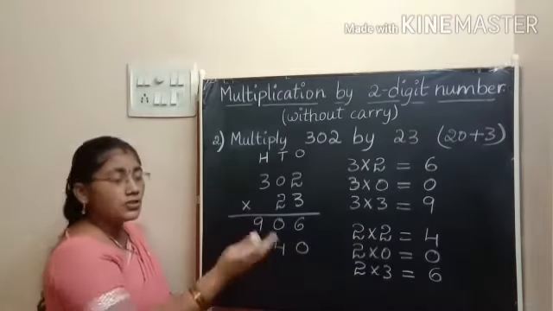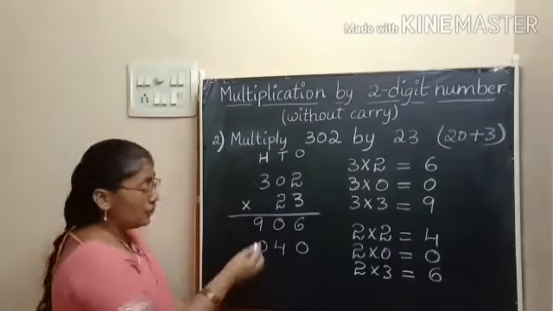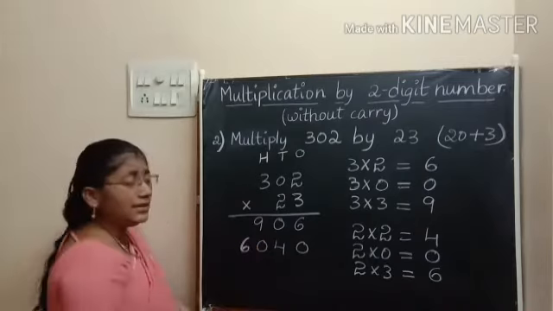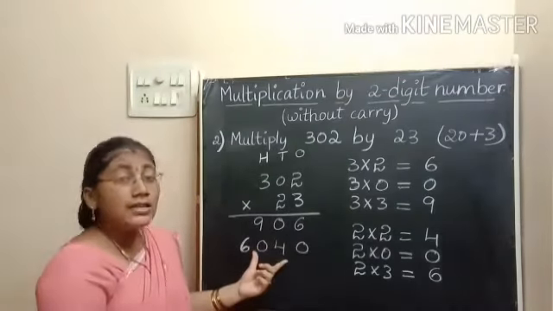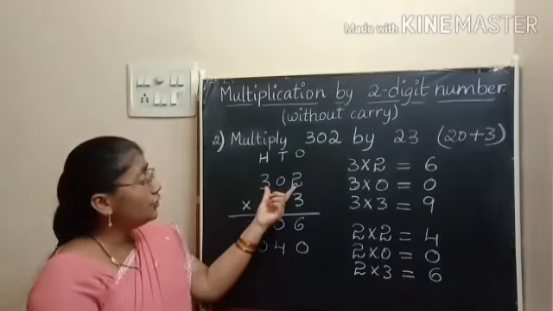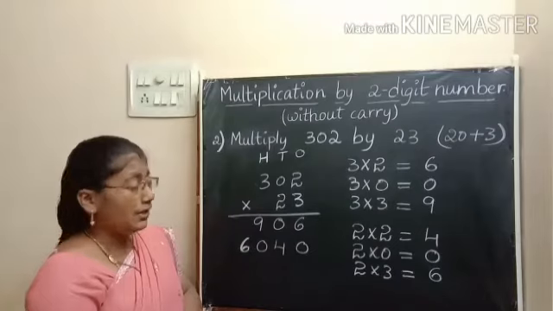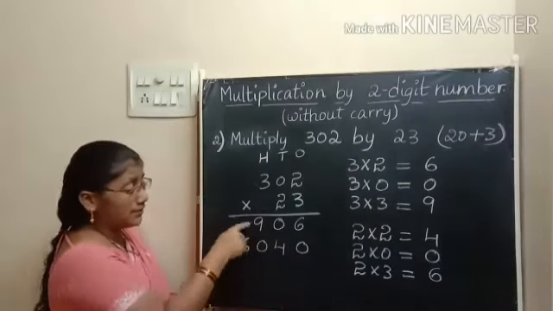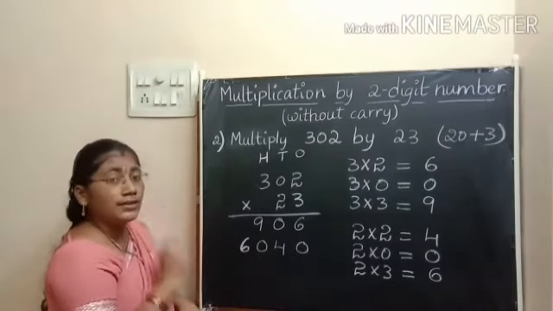There is no carry to pass to any other place, so we can write 6 here. This line belongs to the result of 302 and 20. Now we have to add these two lines because we get the result in two lines.